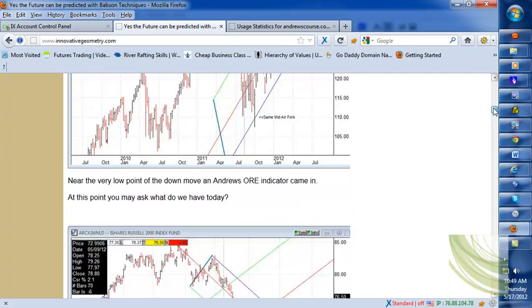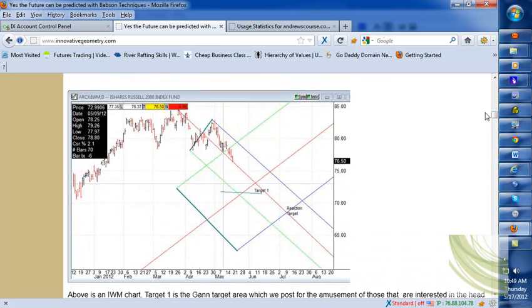Okay, so this is what we have now in IWM, and this is a wonderful example. And so the theory is that down here we can perhaps see an interesting reaction, and maybe that'll be the end of the move.